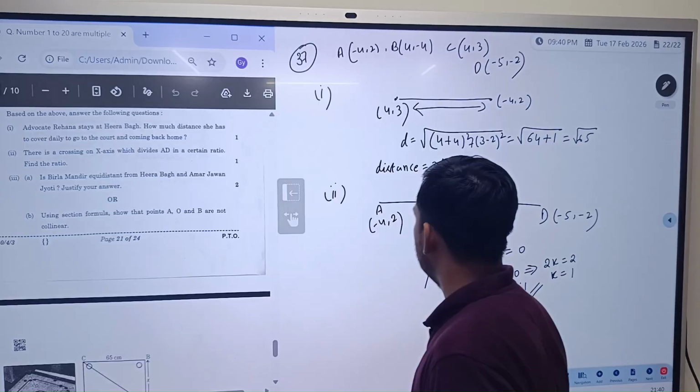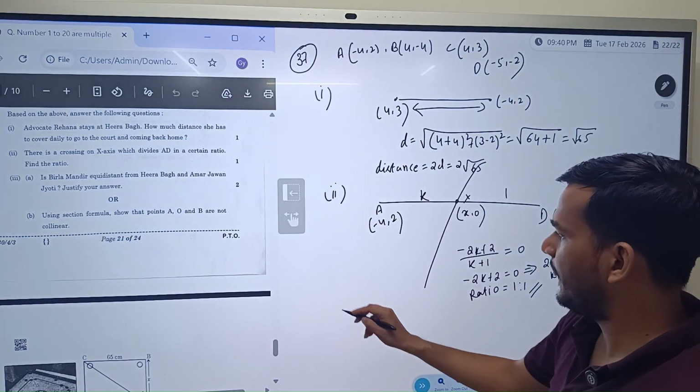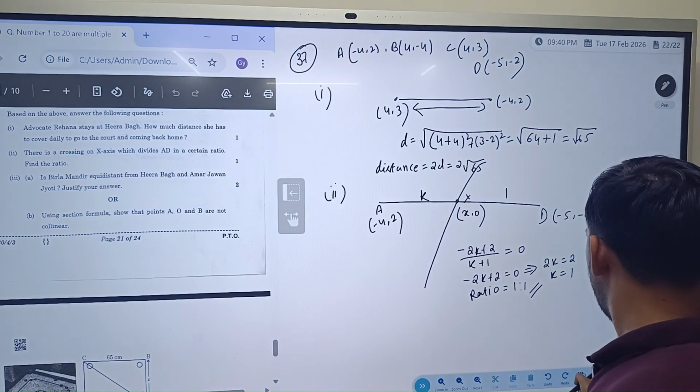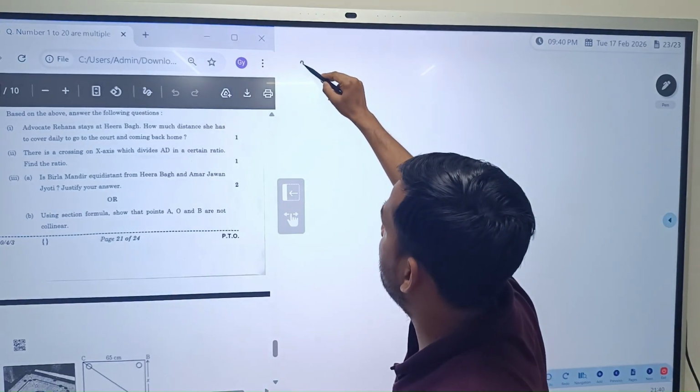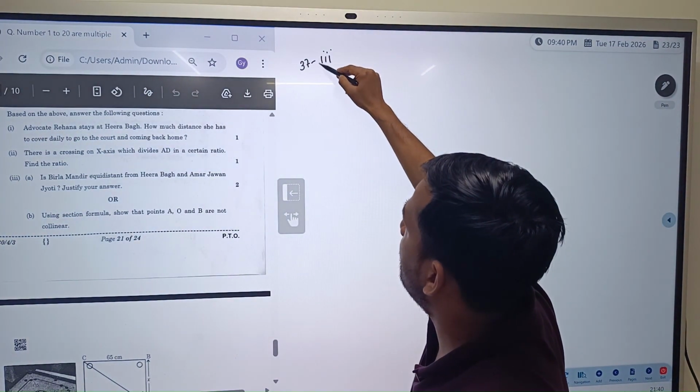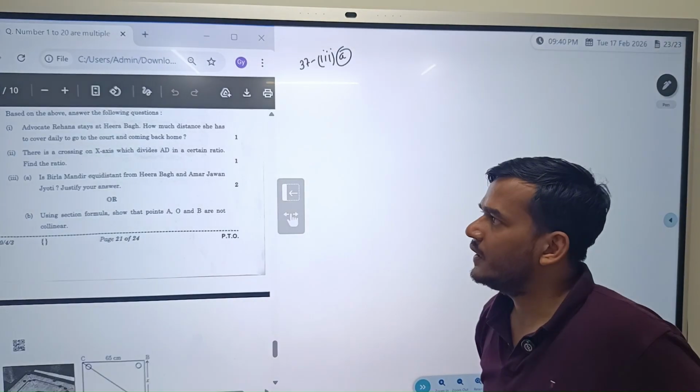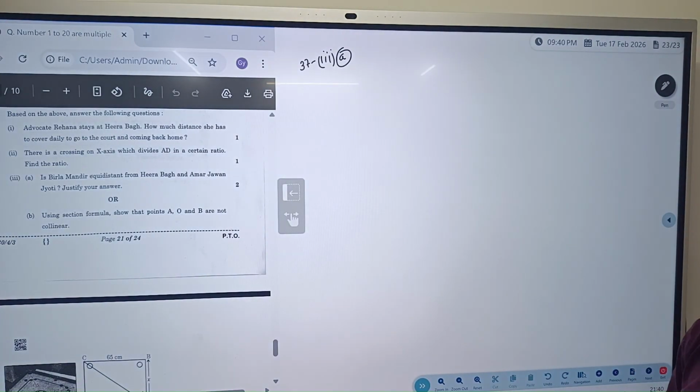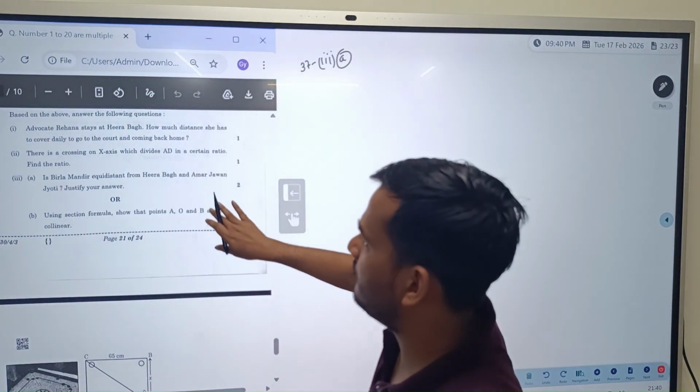Now the third part, 37, third A. Is Birla Mandir equidistant from Hira Bagh and Amar Jawan?